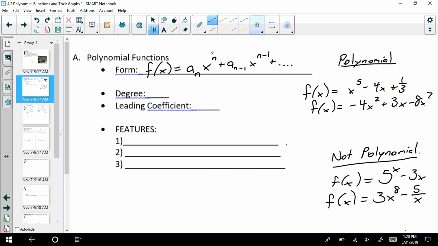All this means is if I start with x to the 9th, then I could have x to the 8th, and then x to the 7th. I would keep going all the way down until I get to a sub 1 times x to the 1st plus a sub 0, the term without any x's.